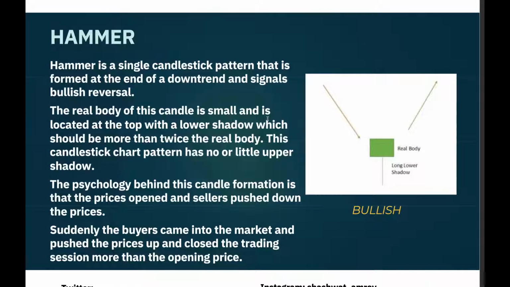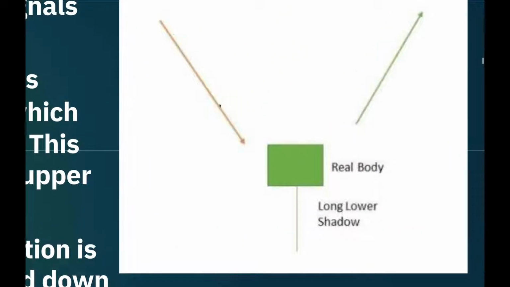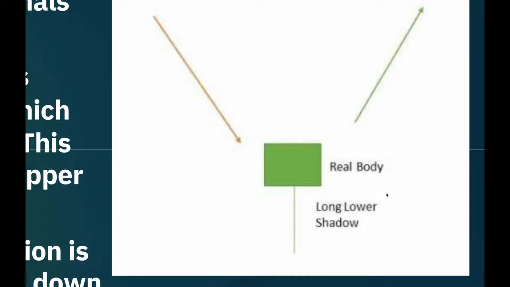So this is known as the hammer. Hammer is a candlestick pattern located at the bottom of a downtrend, and whenever this is formed, it predicts a big bullish move. Yes, Mohammed, you can make a profit from this.